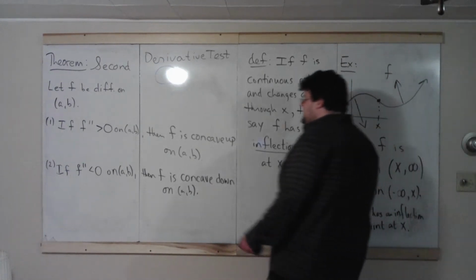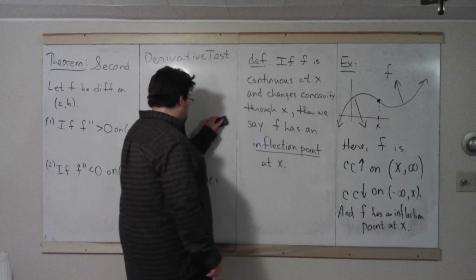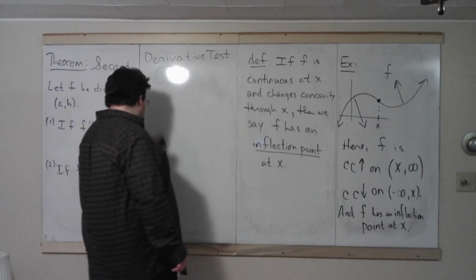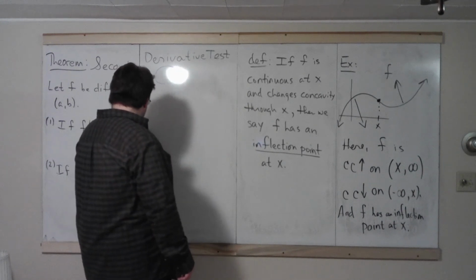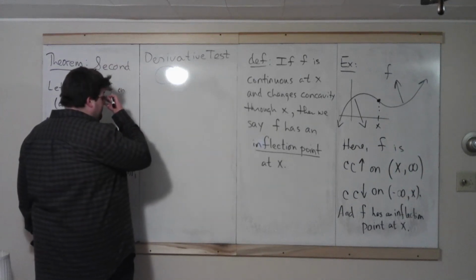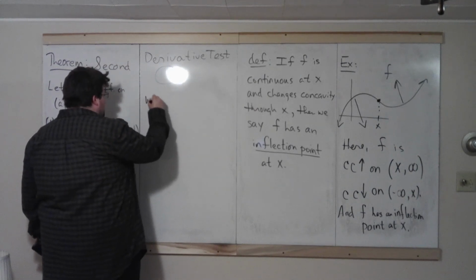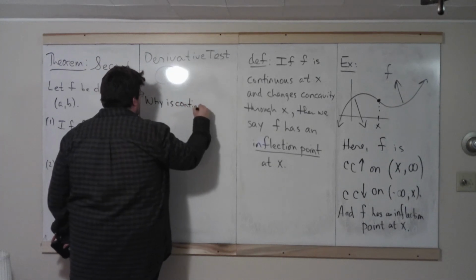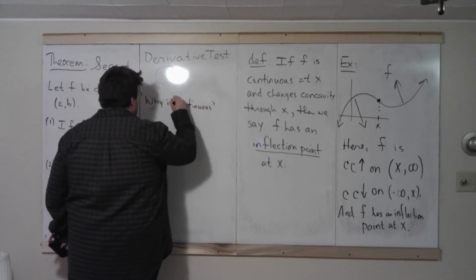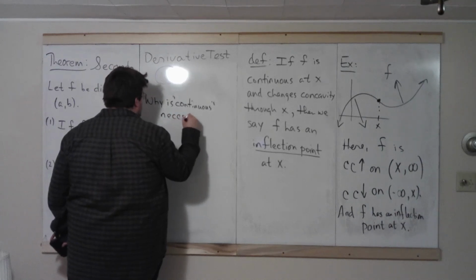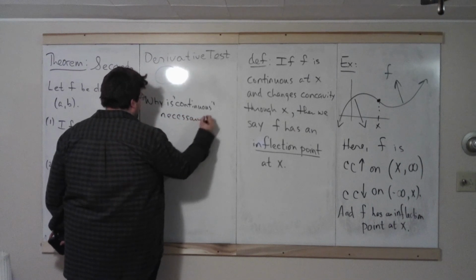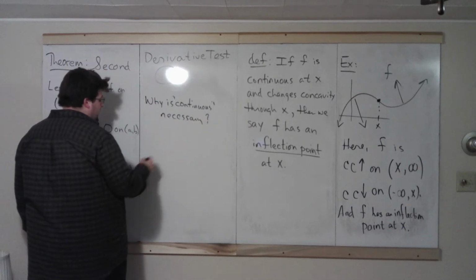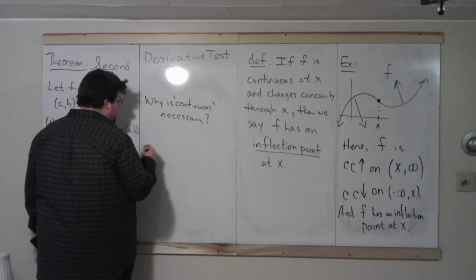Now, why do we need this continuous assumption in order for there to be an inflection point? So, y is continuous, necessary for an inflection point. Well, let's just look at this curve. We've seen this one before.